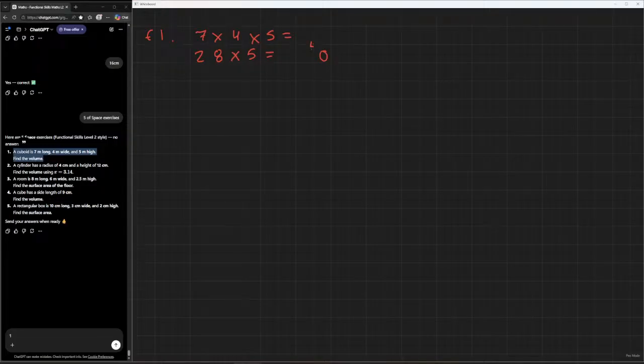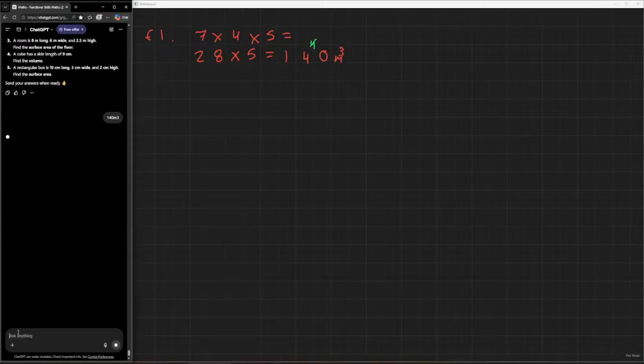So we hold 4, and then 7 times 2 is 10 plus 4 is 14. So 14 and then meter 3. 140 m3. Yes, correct.